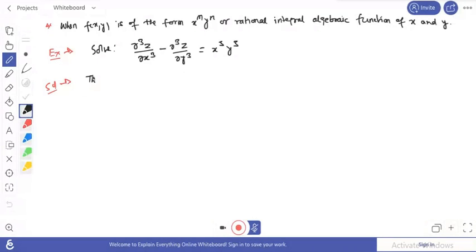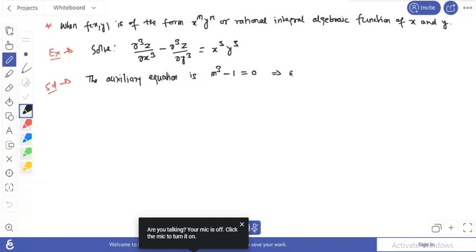Before that, we find the auxiliary equation. So what is the auxiliary equation? Here the auxiliary equation is m cube minus 1 equals 0.